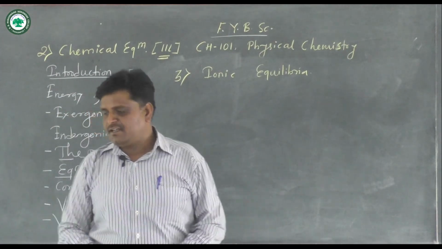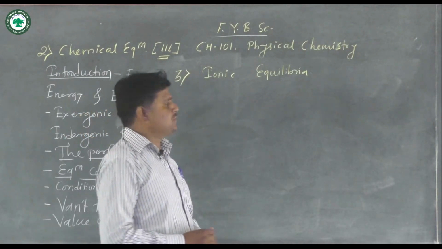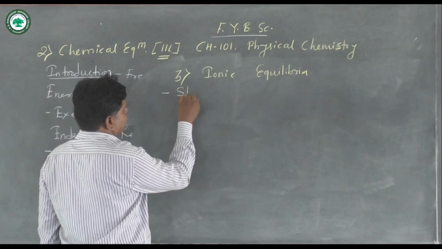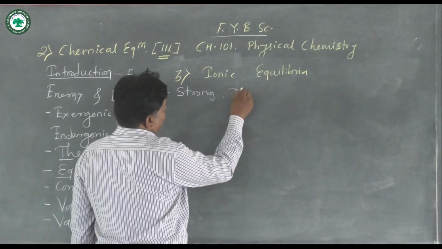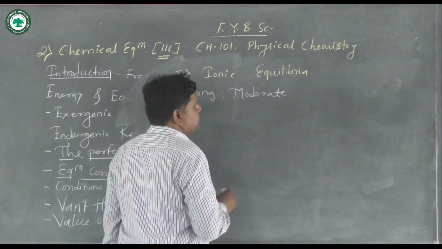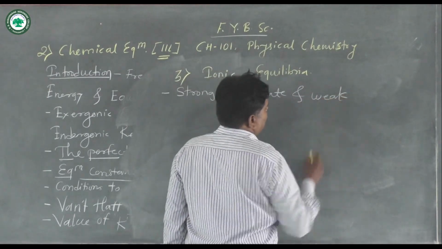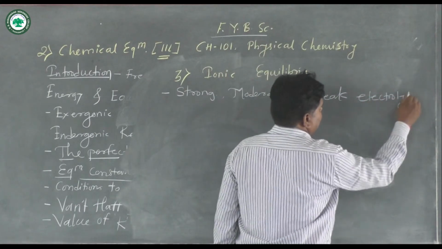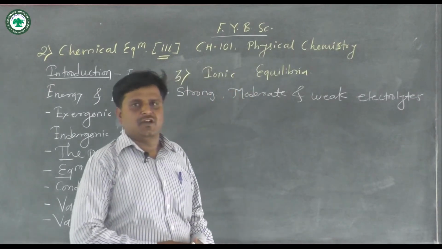In this chapter, the first point is strong, moderate and weak electrolytes. Strong, moderate and weak electrolytes.